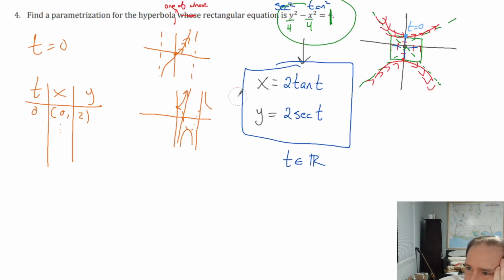Well, I'd like to think you understand that it's the secant function that's causing all this to happen, because we're getting positive y values, then negative y values that increase, then negative y values that decrease.